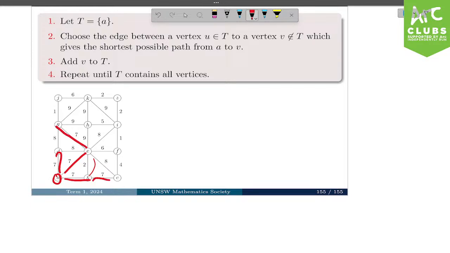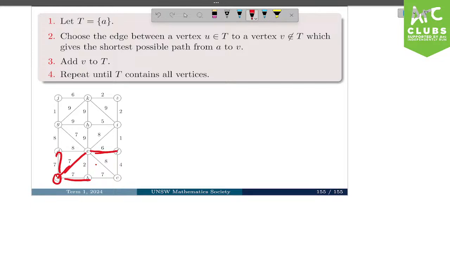Oh, no, that's wrong. The next shortest path it looks like is this 7, 6 over here. You can see that because all of the edges we've come out from so far are 7, to add another edge we must take the smallest edge. So this has length 13. Okay. And so we add F to our set T.